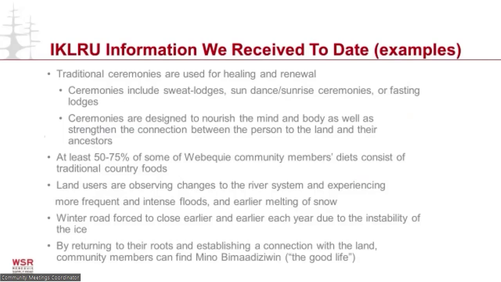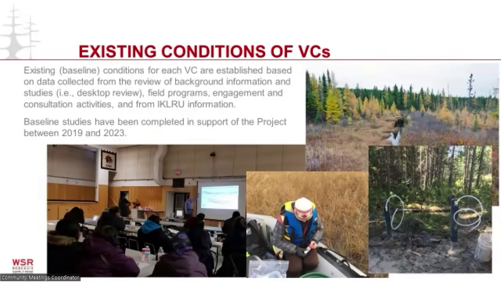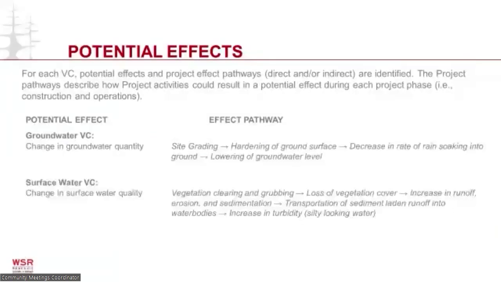We have received a lot of IKLRU information so far, including the purpose of traditional ceremonies, reliance on country foods, and climate change impacts. Existing conditions for each of the VCs are described through background research, engagement and consultation, and field studies.